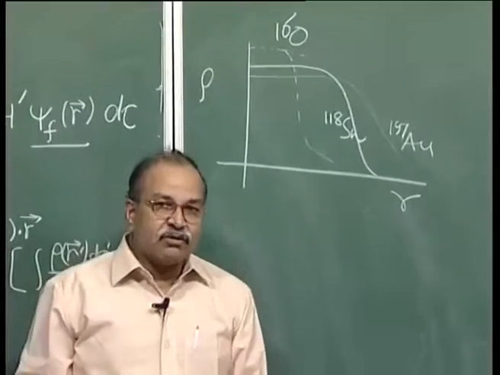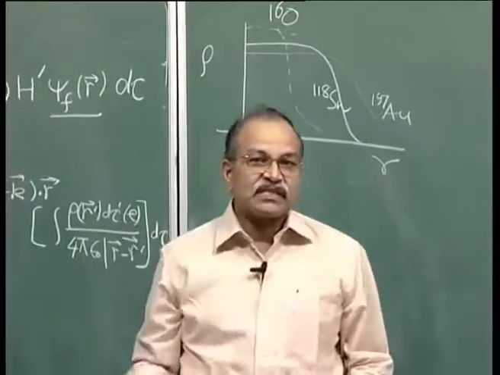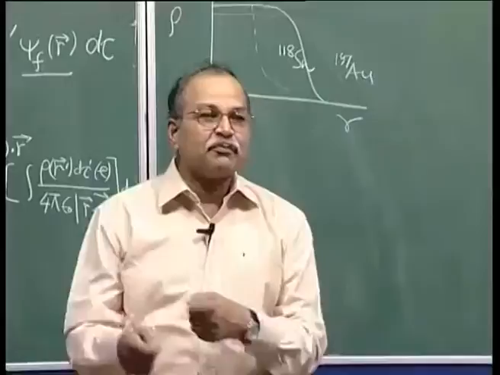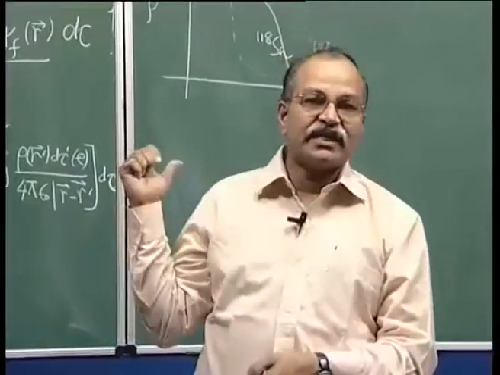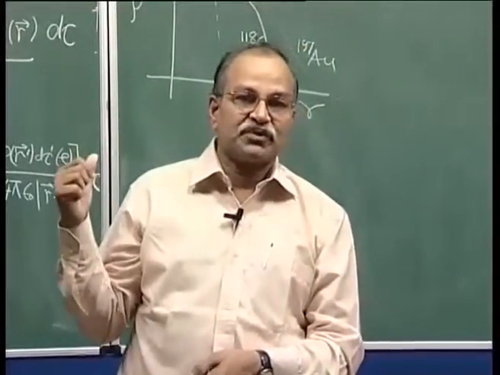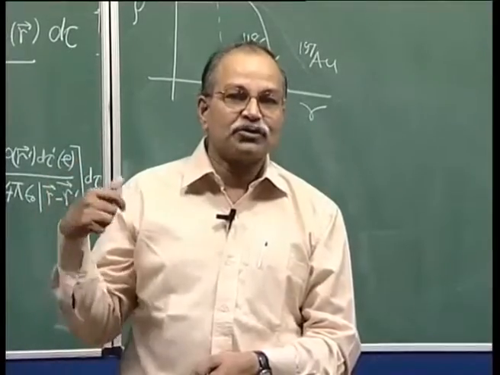Now, since the electron interacts only with the protons and scattering is only because of the protons, that is why the result that you are getting is giving you the proton distribution. How about neutrons?